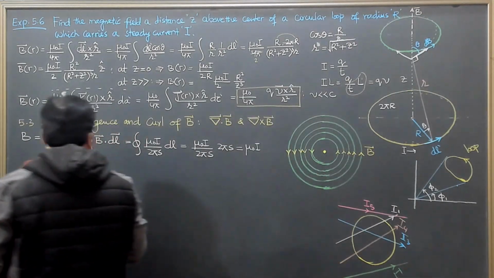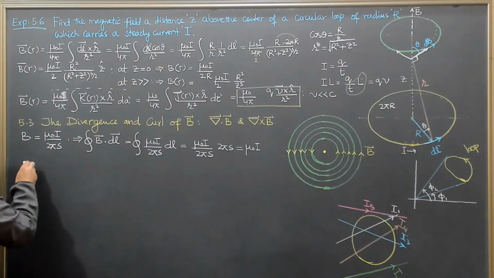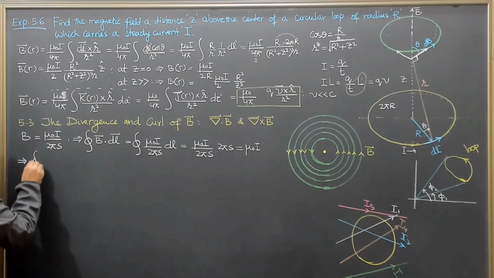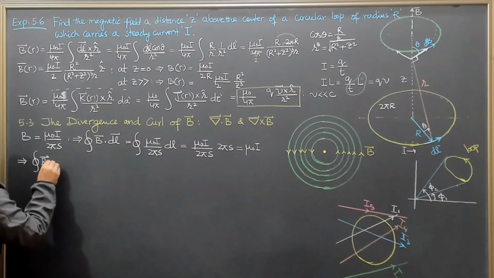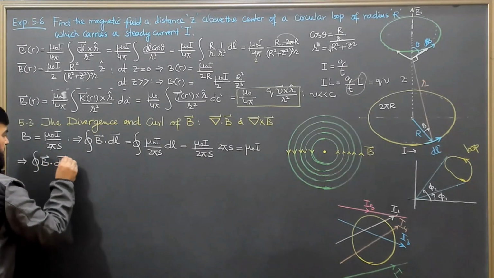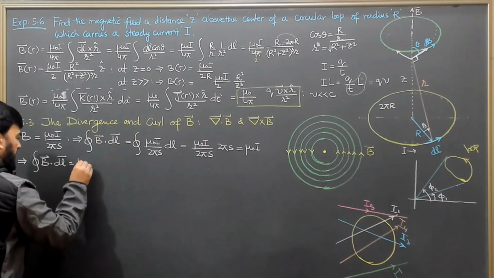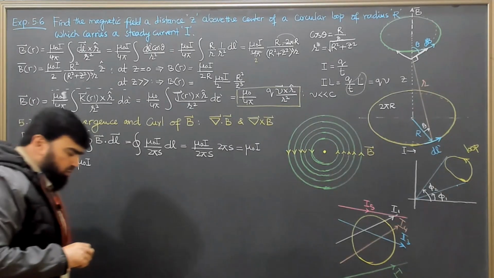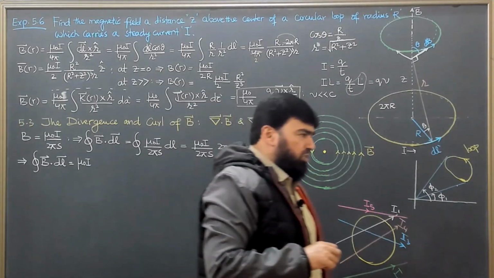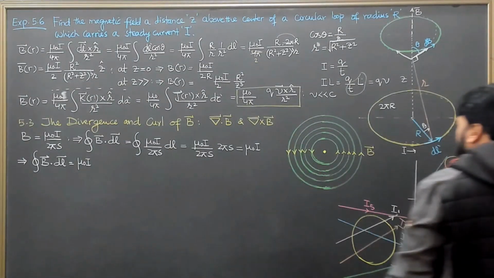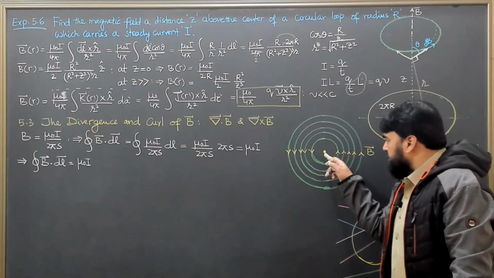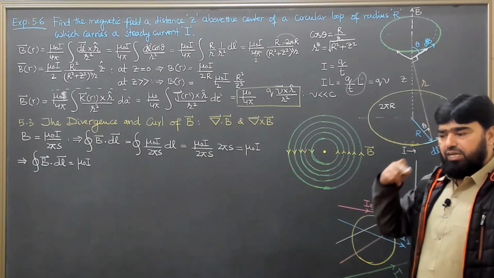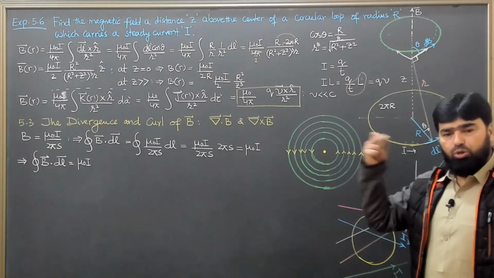Now I can write this in a simple form: the integral of B dot dl is mu naught I. Now here is a simple question: whether it is necessary that we should have exactly a circular loop.